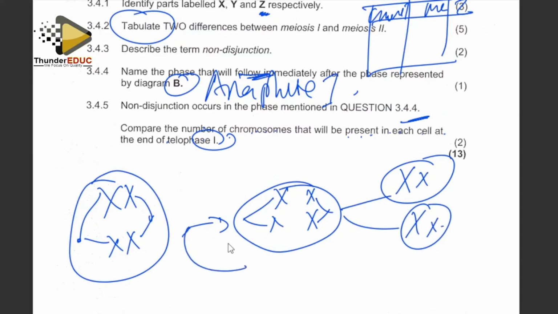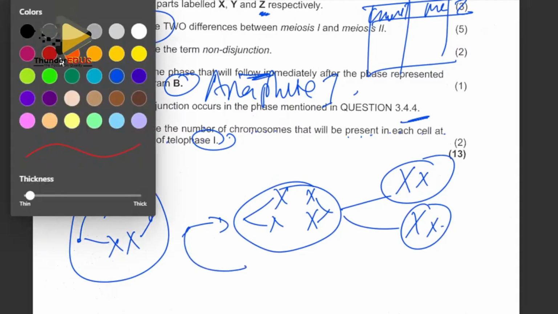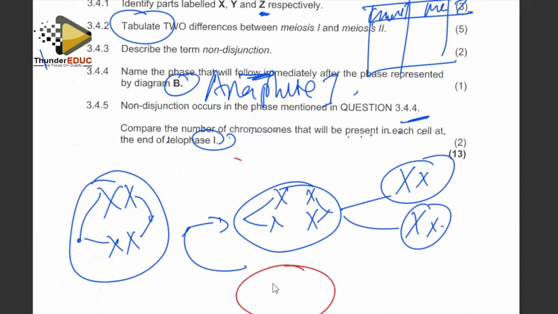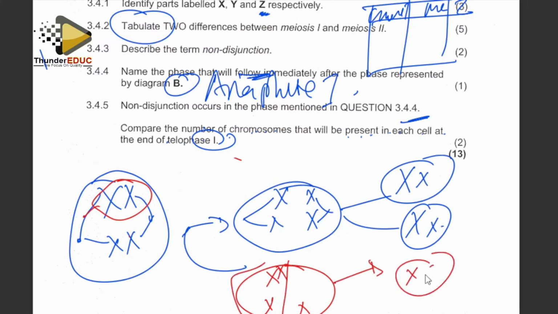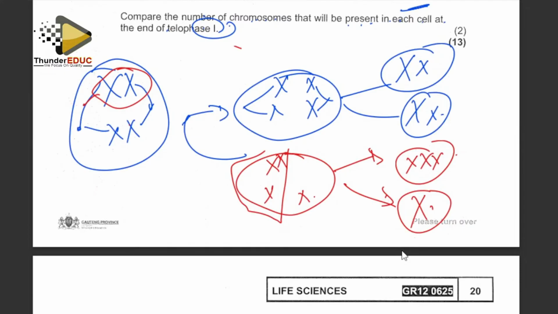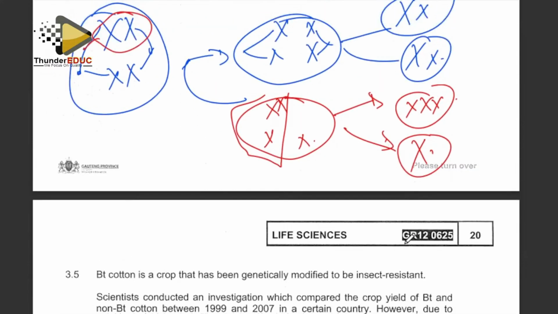But because non-disjunction has happened, these two are going to move in one direction, and then this one is going to split, whereby I form one cell with 3 chromosomes and another with 1 chromosome. But this will be at the end of telophase 1. So at the end of telophase 2, these chromosomes are supposed to be unreplicated.